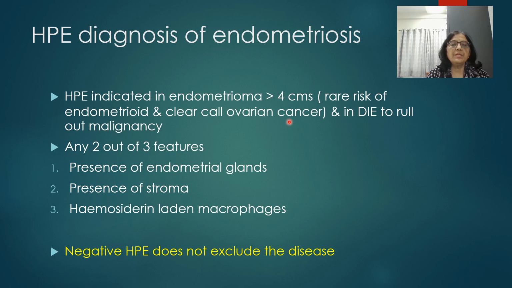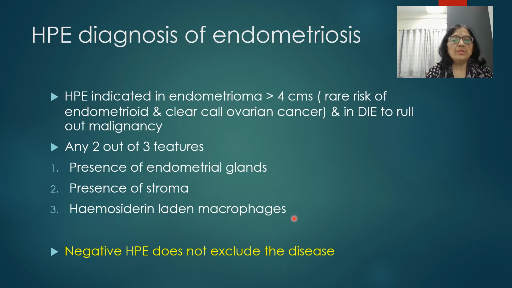That is the reason that persistence of endometrioma of more than 4 centimeters is an indication for surgery and histopathological examination. Similarly, whenever there is deep infiltrating endometriosis, say over the rectum or the bladder, histopathological examination is indicated to rule out malignancy.